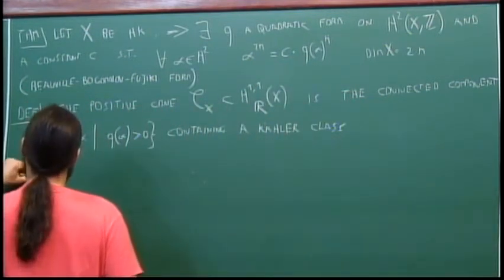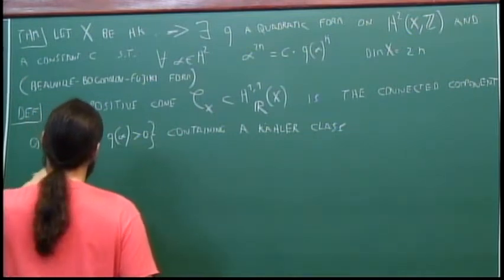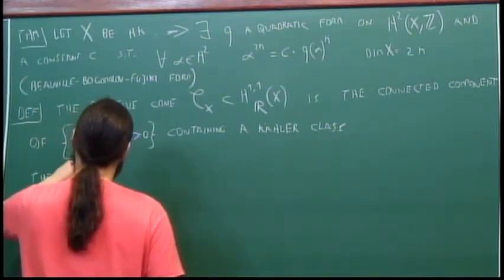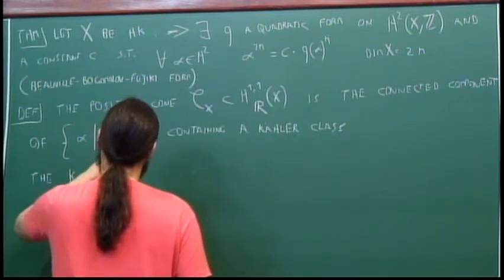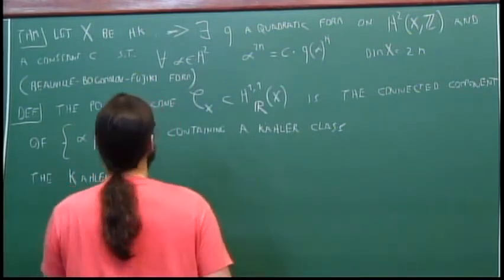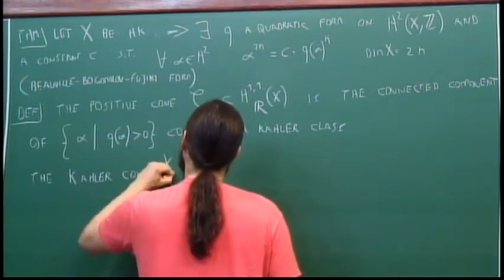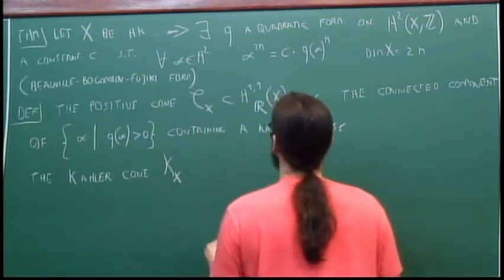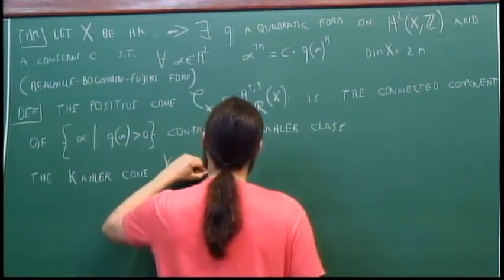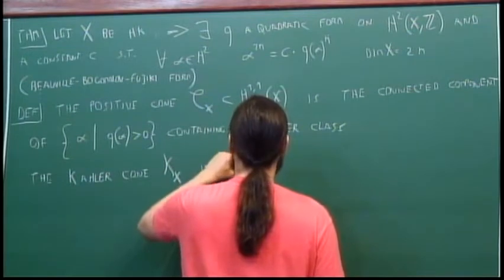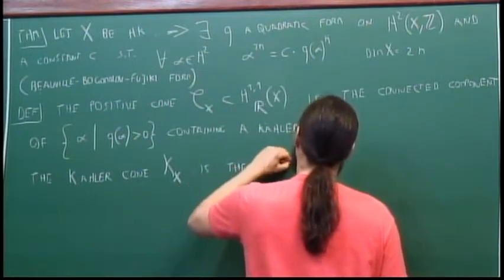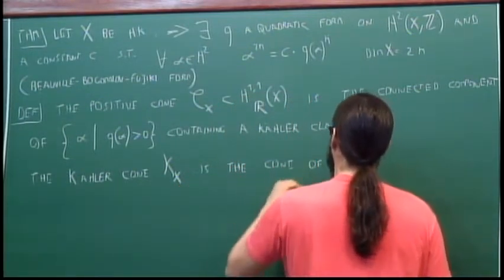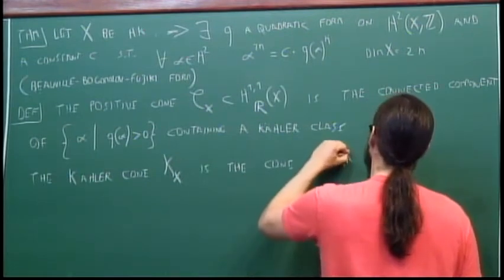And the Kähler cone K of X is just the cone of Kähler classes.